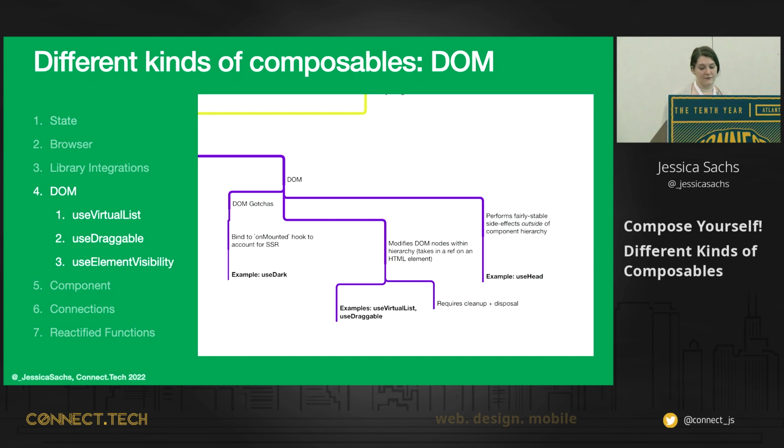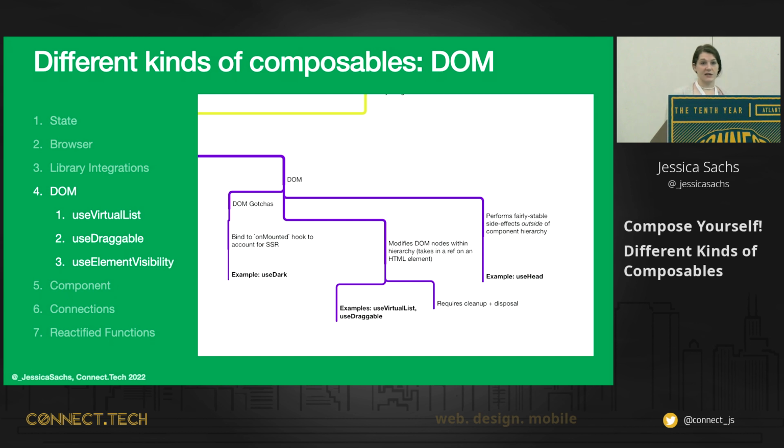And then you also have things like use virtual list and use draggable that might do things a headless component would, possibly, but they're more type safe. That's the pro for making things into a composable instead of a headless component: it's easier to get the type safety.